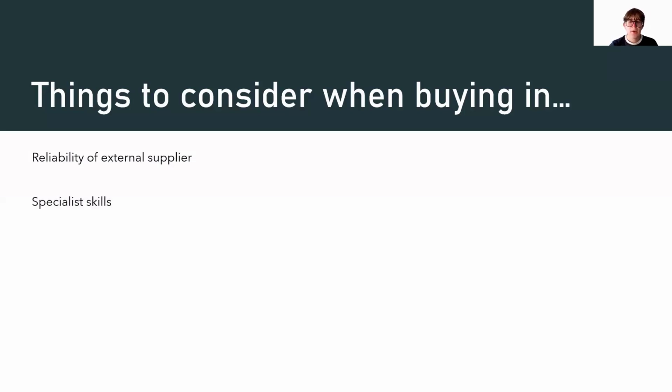Specialist skills: will an outsourced business supplying you goods have the same high quality skill level as your employees to be able to produce the same high quality products? It could be an alternative use of resources. Have they got some better equipment perhaps, or is their equipment not as good as ours?